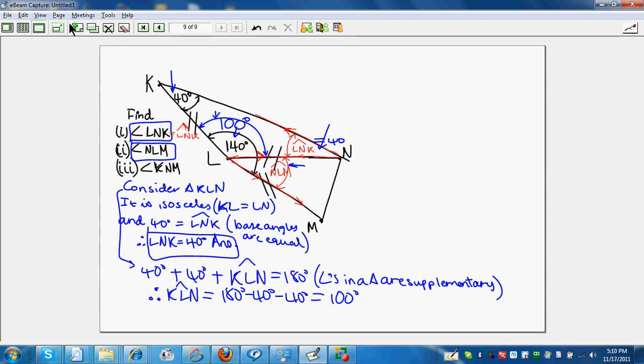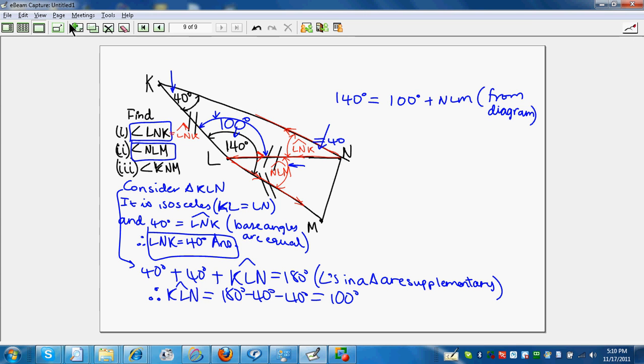So we could say that 140 would be equal to 100 plus angle NLM. That's from the diagram.